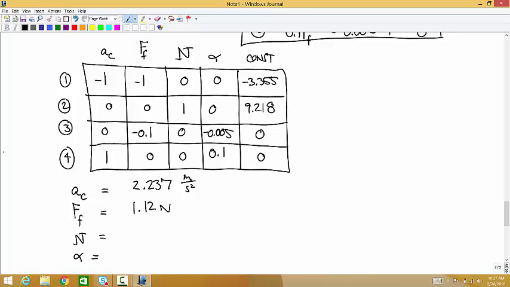I didn't calculate the normal. Okay, good. Oh yeah, we already knew that one. Okay, so there's the acceleration of the center for this disk, rolling right down the incline.